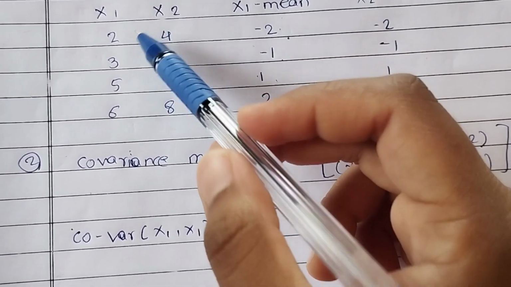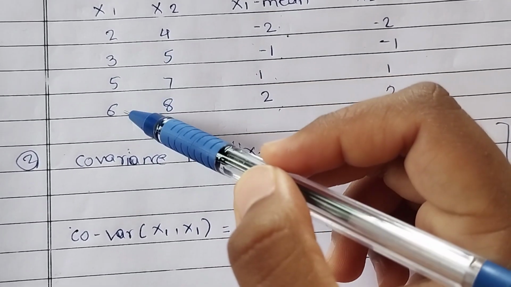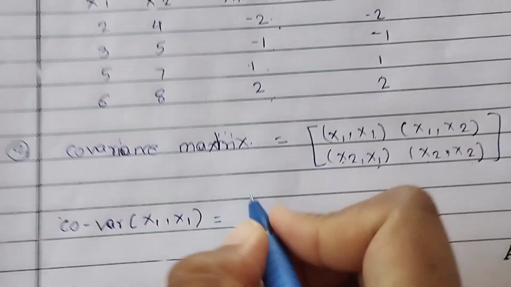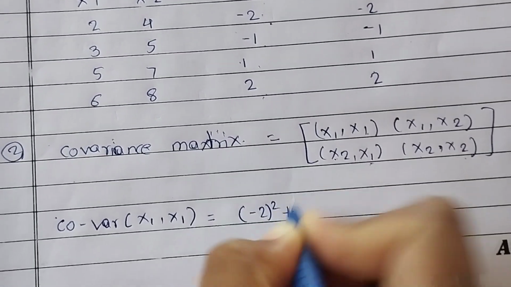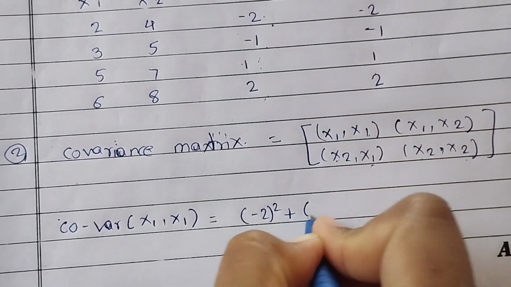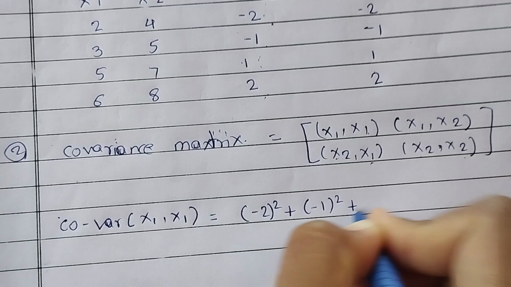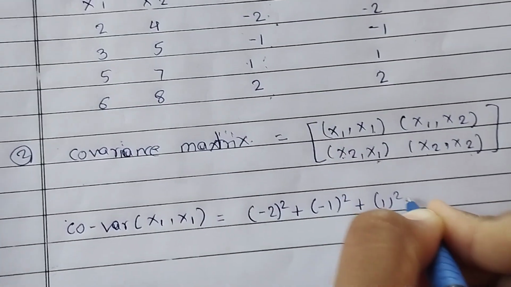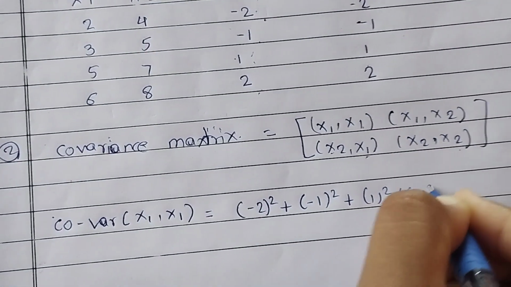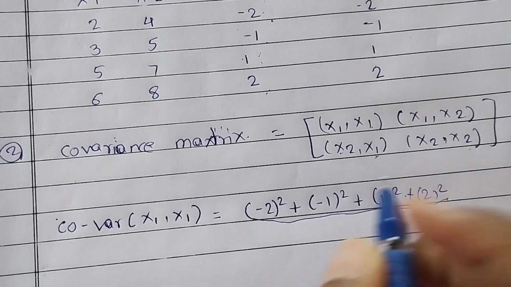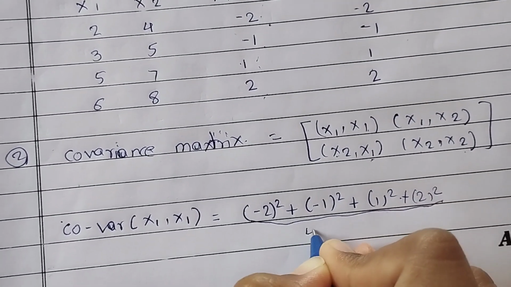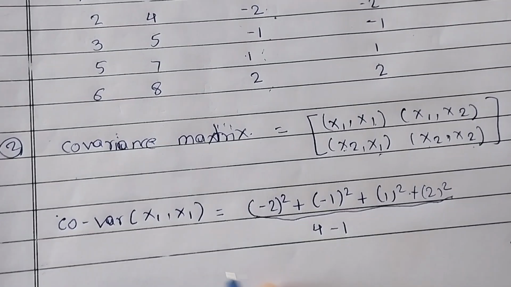Here there are 4 entities, so 4 minus 1 is 3.